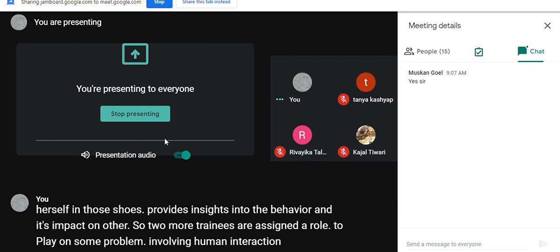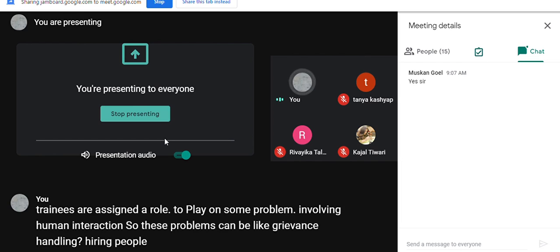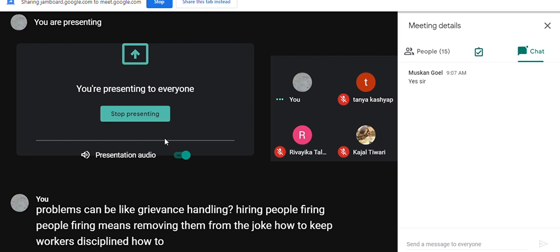These problems can be like grievance handling, hiring people, firing means removing them from the job, how to keep workers disciplined, how to handle conflicts, how to handle strikes.